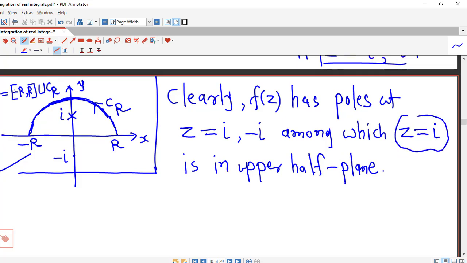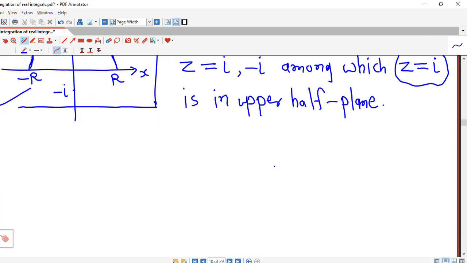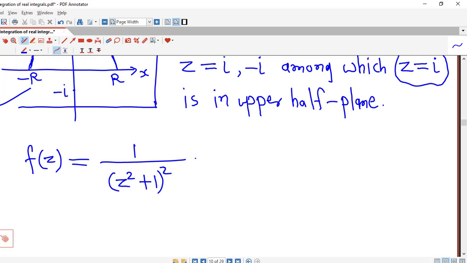So now we calculate residue of f(z) at z equal to i. Before that we rewrite our function f(z). Our function is f(z) equal to 1 over (z square plus 1) whole square, and we can rewrite z square plus 1 as z square minus i square, because i square is minus 1.